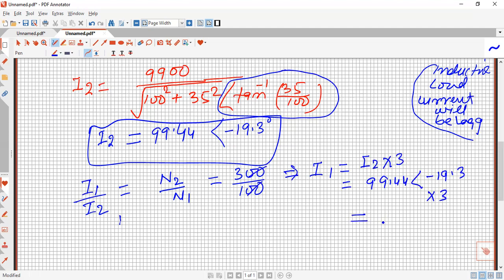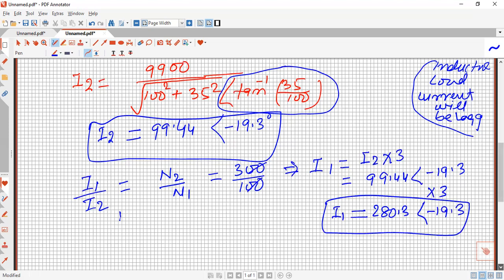Just solve it and you will get its value, approximately 280.3, and angle is minus 19.3. This is the primary current. So primary current and secondary current are all known.